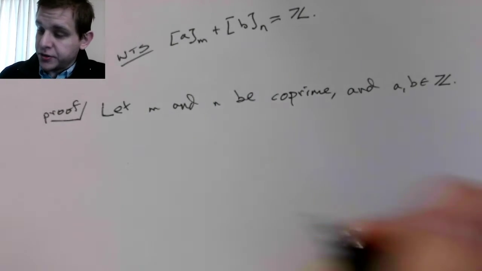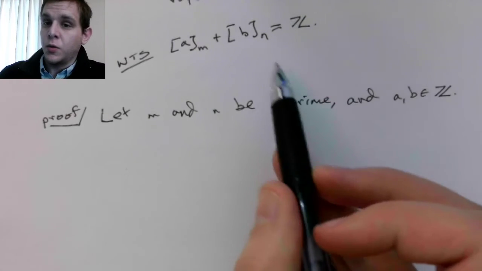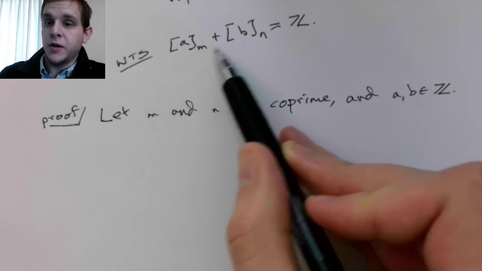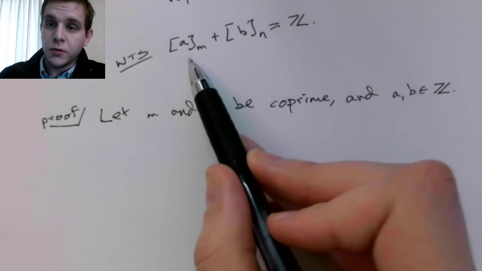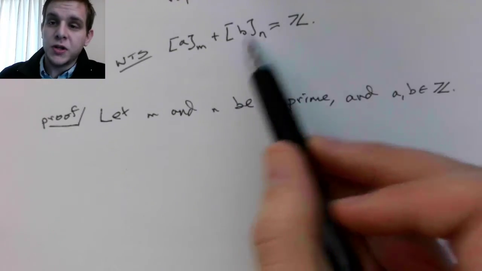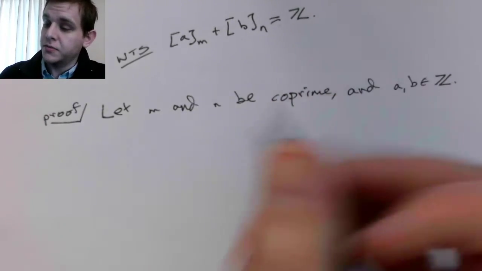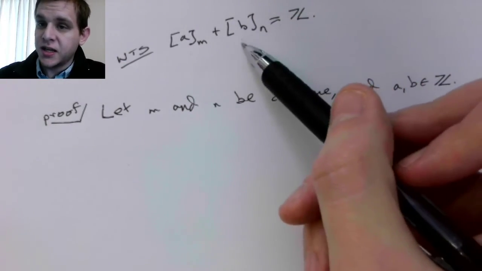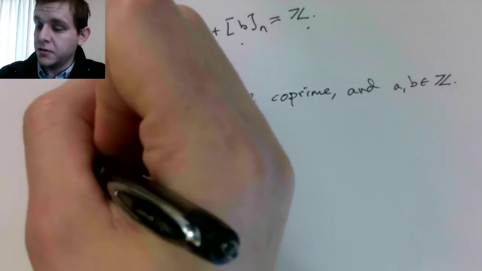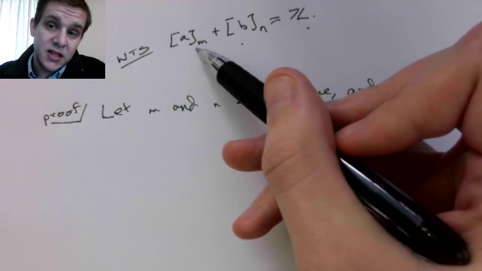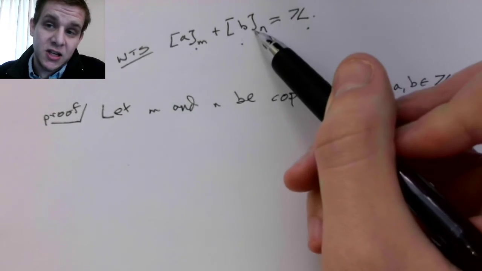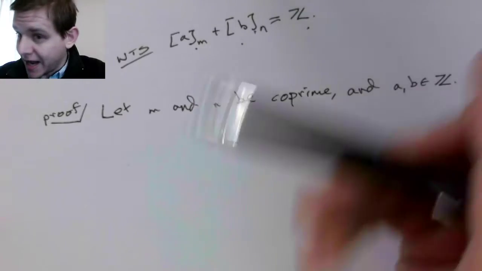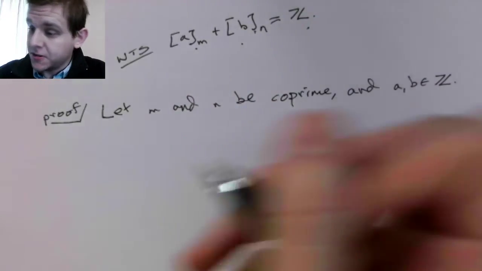Now I need to show two things, right? What's the goal? I want to show a set equality. So whenever I want to show a set equality, remember that I need to show one inclusion and another inclusion. So one inclusion is very clear, that this set is a subset of the integers. Because this set is a subset of the integers, this set is a subset of the integers, and whenever I add two integers together, I get an integer.